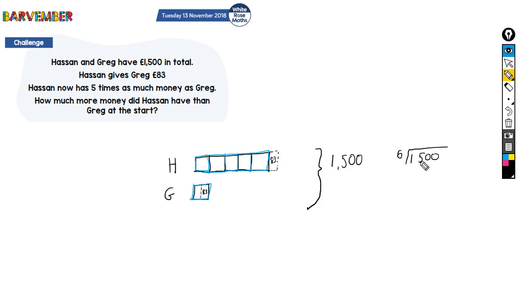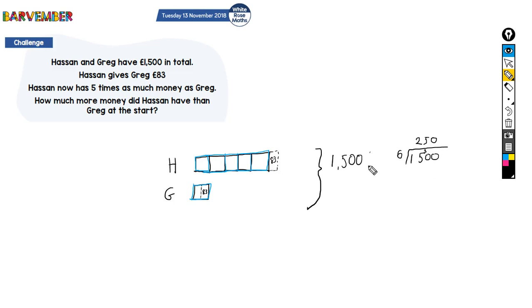How many 6 goes into 15? That's 2 with 3 left over. And how many 6s? There we go, 5 and 0. Okay, so we've got 250.